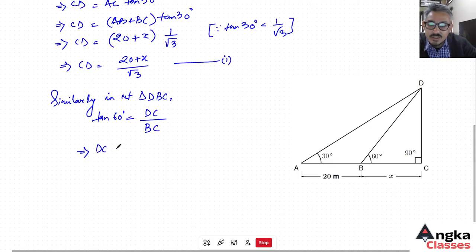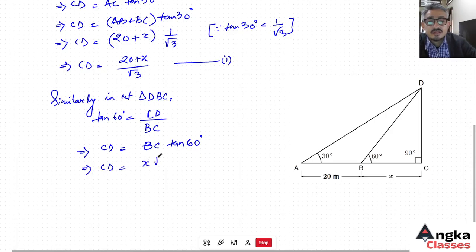So CD is equal to BC into tan of 60 degrees. BC is equal to x, and tan 60 degrees is equal to square root of 3. We'll call this equation 2.